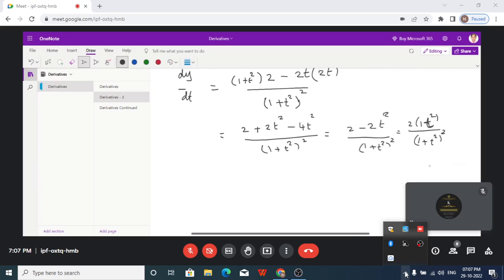Okay. So this dy by dt is 2 into 1 minus t square divided by 1 plus t square, the whole square.